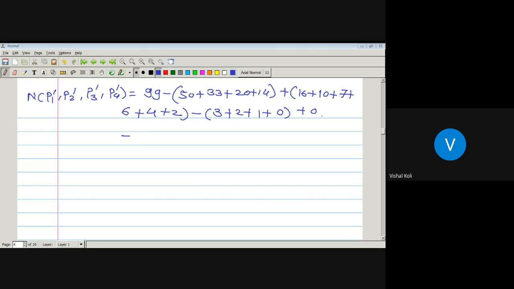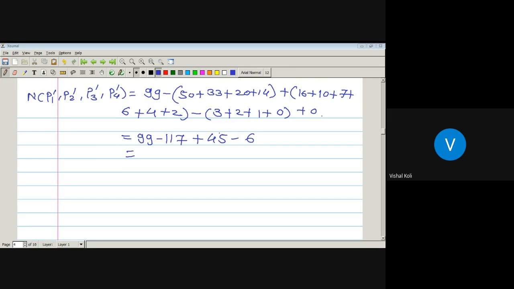So which is equal to 99 minus 50 plus 33, 83 plus 20, 103, 103 plus 14, 117, plus 16 plus 10, 26 plus 7, 33 plus 6, 39 plus 6, 45, minus 3 plus 2 plus 1, 6.